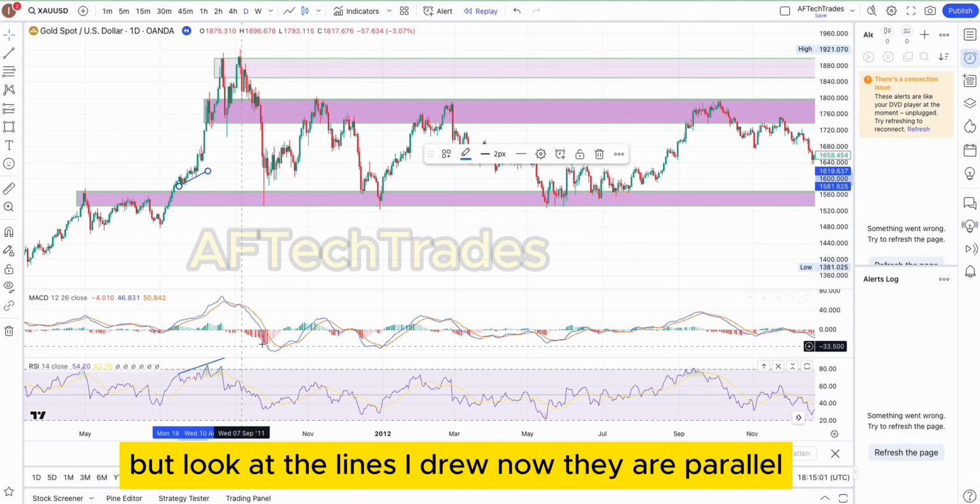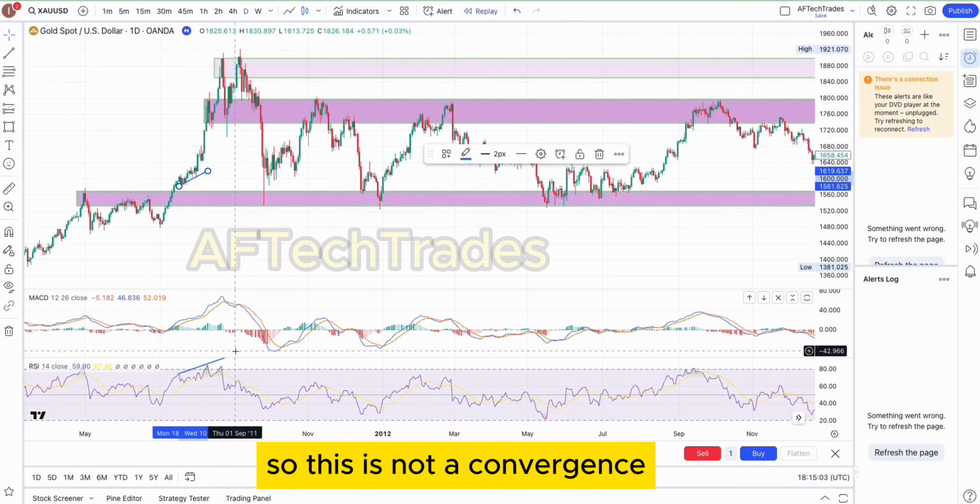They are parallel. They are both moving up. So this is not a convergence. This is not a divergence.